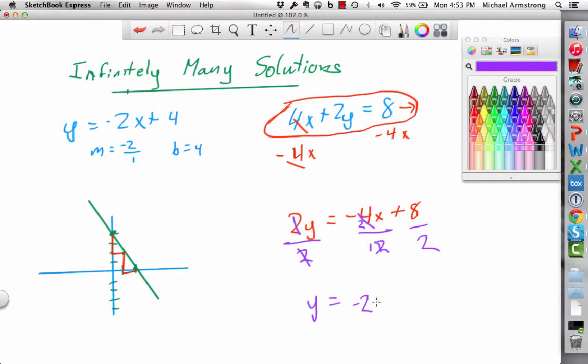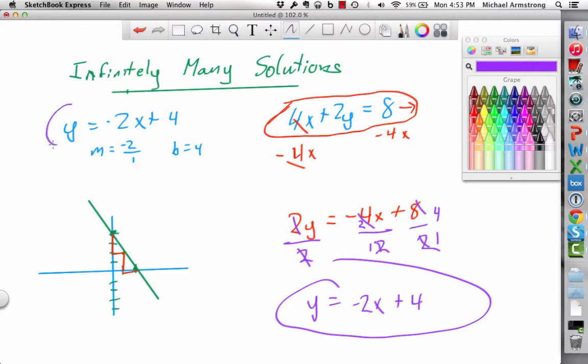It's the same thing, x. And then 8 halves becomes 4 over 1, plus 4, and voila, we see that y is equal to negative 2x plus 4 is the same as y is equal to negative 2x plus 4. We could have just jumped right to that by noticing that this one is not in the correct order and trying to fix it up.